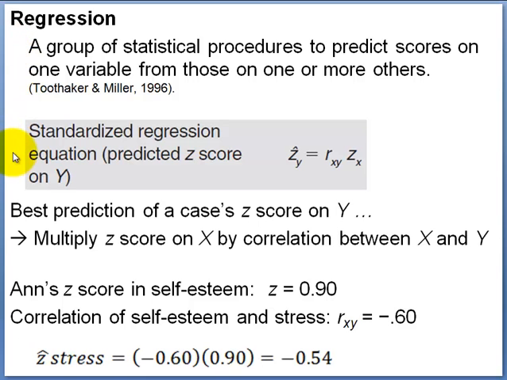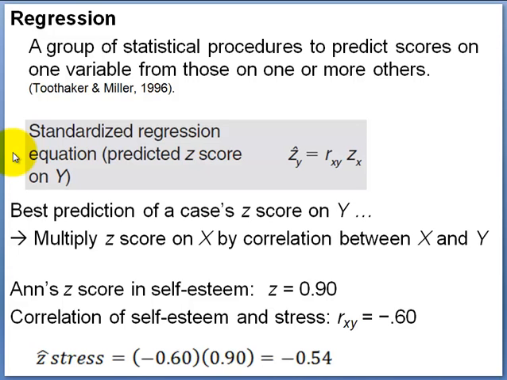We can do regression using z-scores, which is to say standardized scores, or using raw scores, which is to say scores that have not been converted to z-scores. So we're going to begin with looking at regression, which is to say prediction, using z-scores.